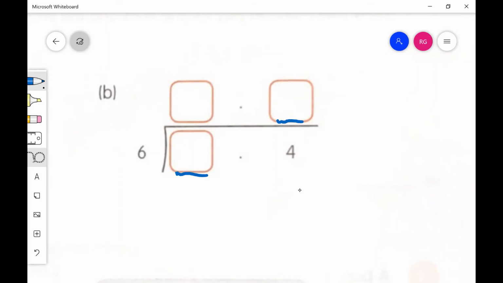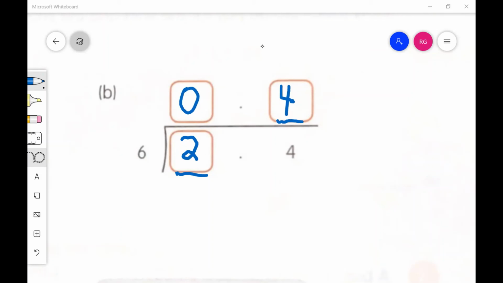So what do you guys think for B here? 2.4 divided by 6. That's what I was thinking. I think that might give us a nice round decimal here at least. So what's my answer? 0.4. Yeah, so I'd say 0.4.